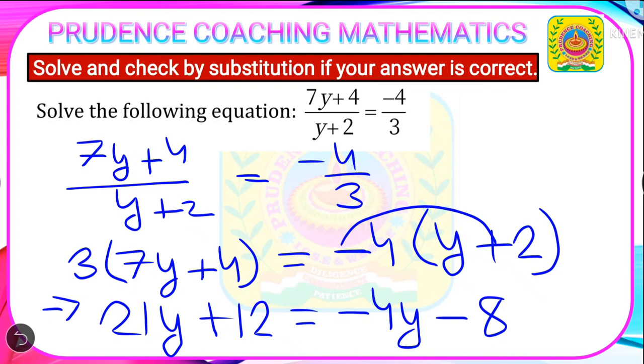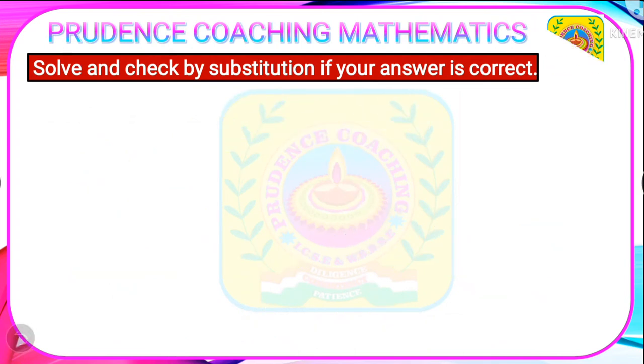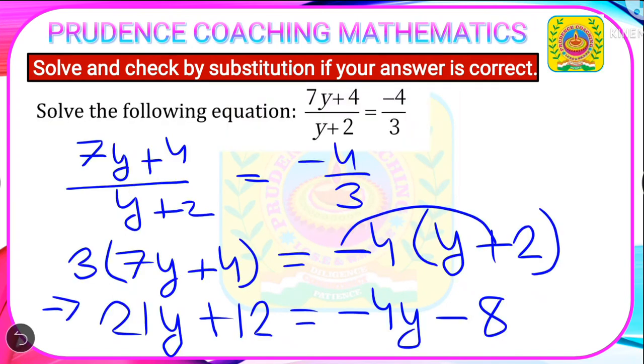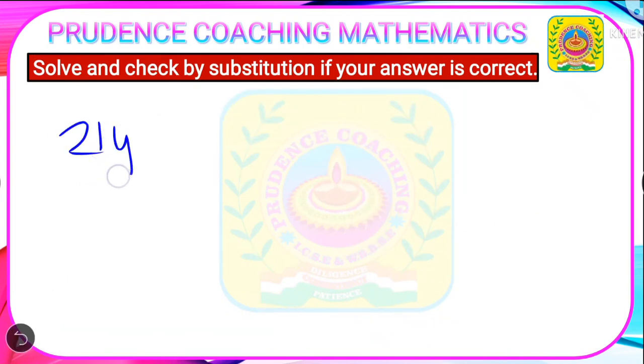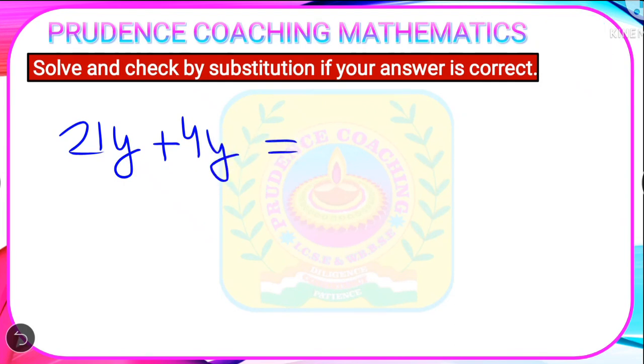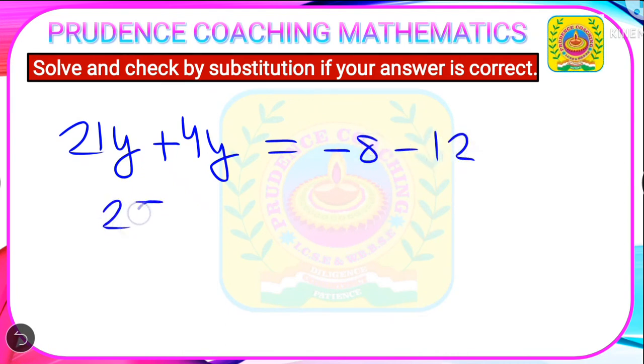So you need to solve again. We need to take the variable on the left hand side, as we have 21y and 4y. So you will get 21y plus 4y equals minus 8 minus 12. So here you will get 25y and here you will get minus 20.